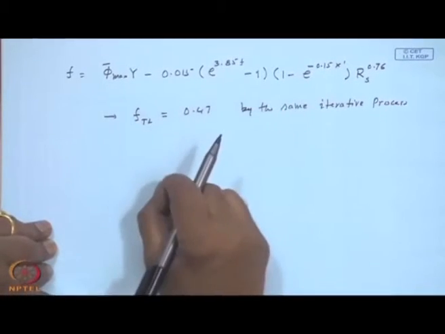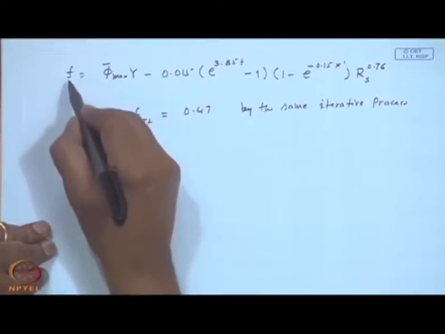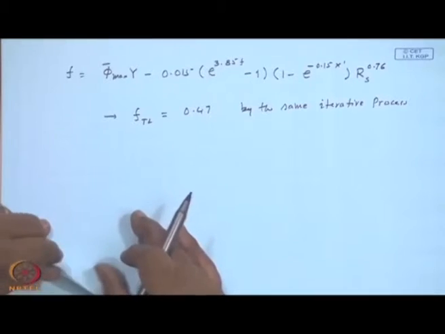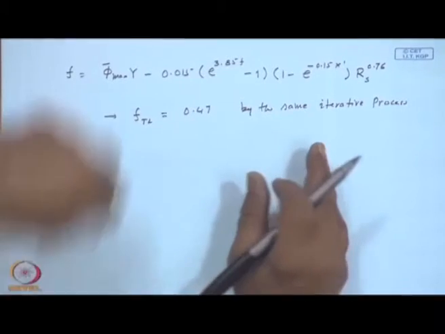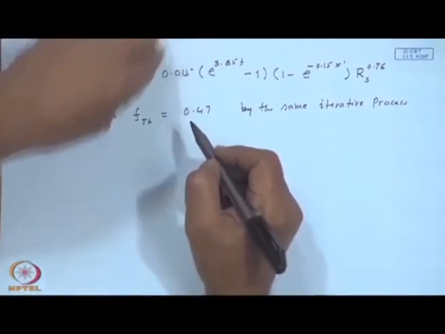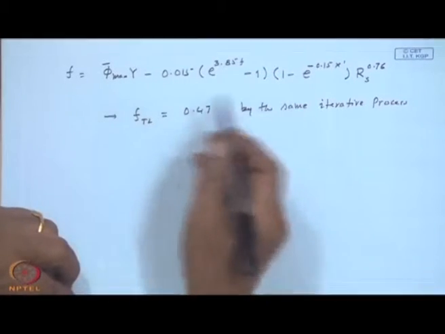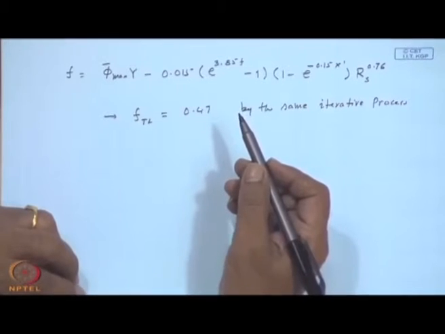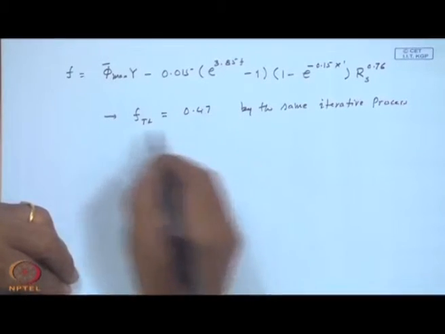Put all the numbers on the right hand side and this F should be less than phi bar max Y. That will be your first guess, and then keep on iterating, evaluating the right hand side and see whether it is equal to the left hand side by, let us say, 0.01 or 0.05.